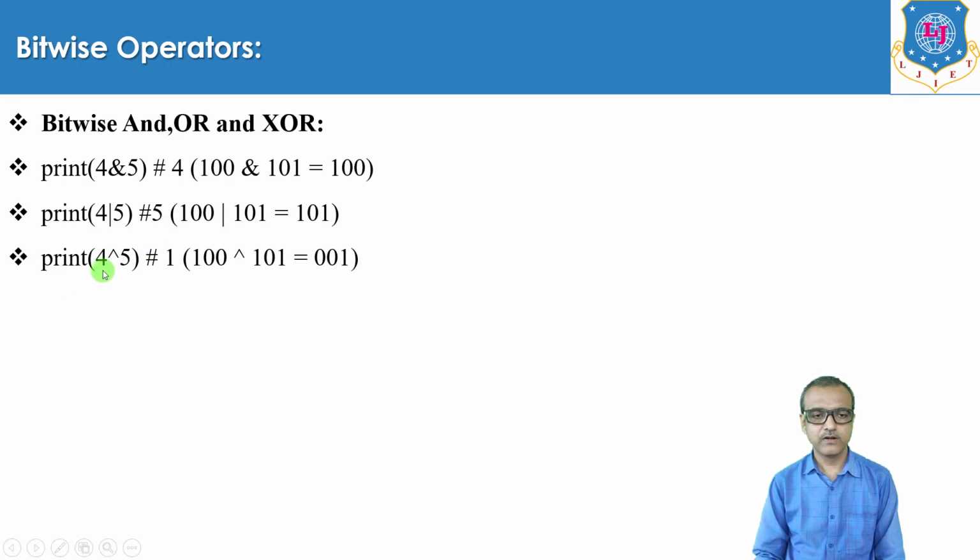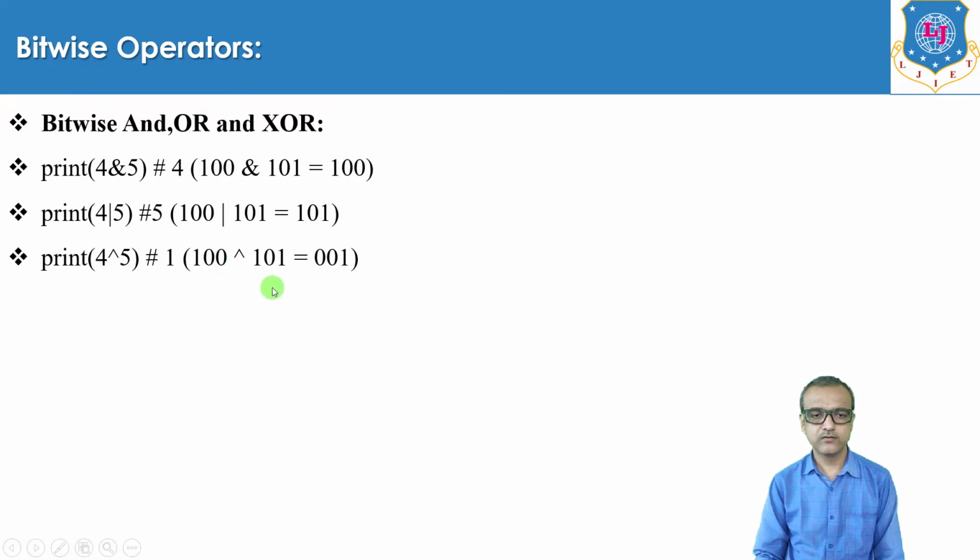Now print of 4 XOR 5. What will be the result in this case? That is 1. Just keep in mind how XOR works. If both the bits are different, then the result is 1. So first of all, we write down the equivalent binary of 4, that is 100. Then the equivalent binary of 5, that is 101.